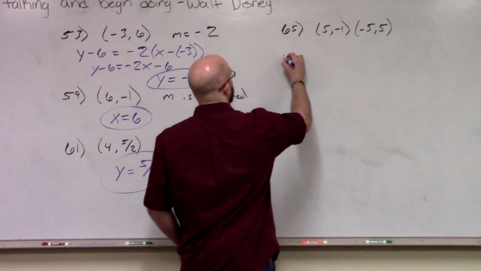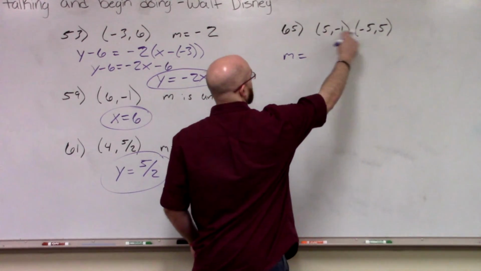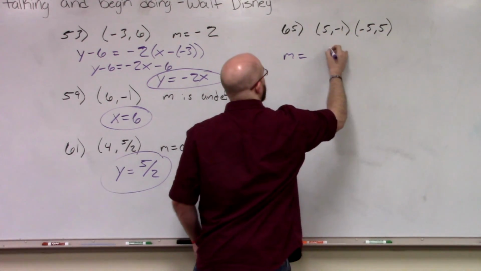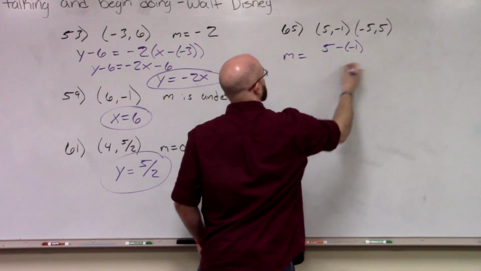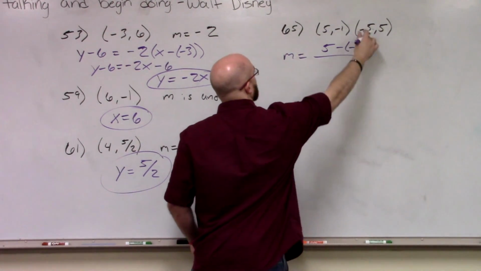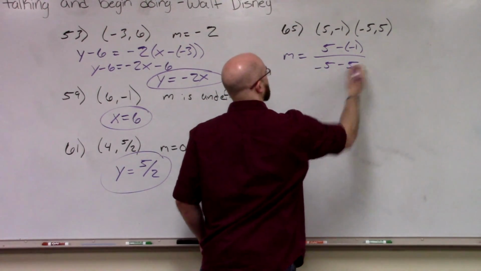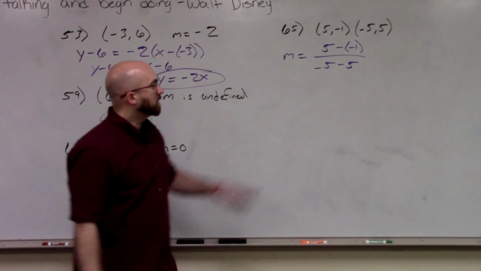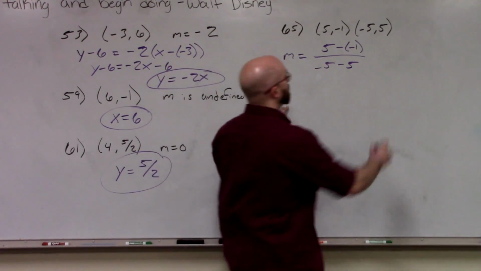So m equals y2, so 5, minus negative 1, all over negative 5 minus 5. Okay, so let's do some math real quick. 5 minus negative 1, that's going to turn into 6.